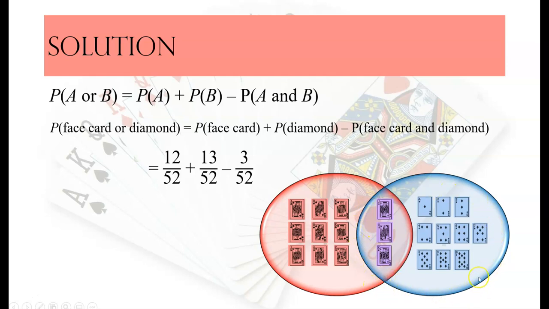So here's all your diamonds. That means that 3 of these cards fall into the overlap. They are face cards and they are diamonds. So we have to remove those. 12 plus the 13 minus 3 gave me 22 over 52. And then I reduced that to 11 over 26.